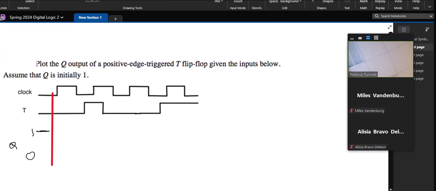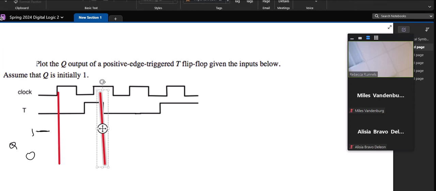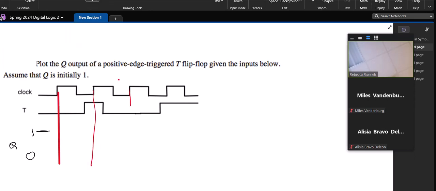So positive edge is when it goes from 0 to 1. So it can only change there.